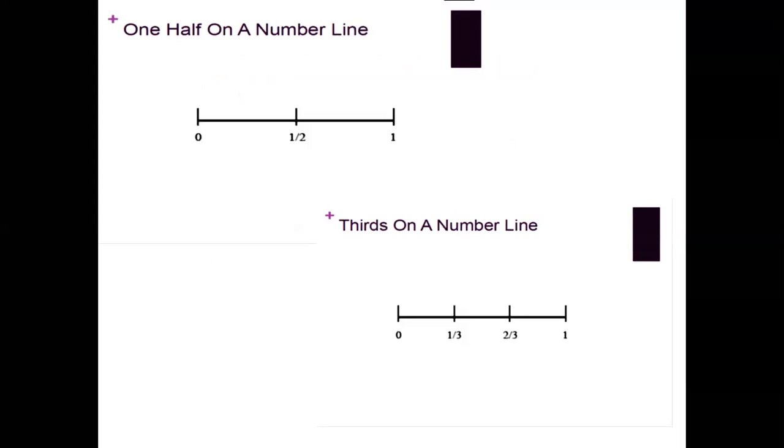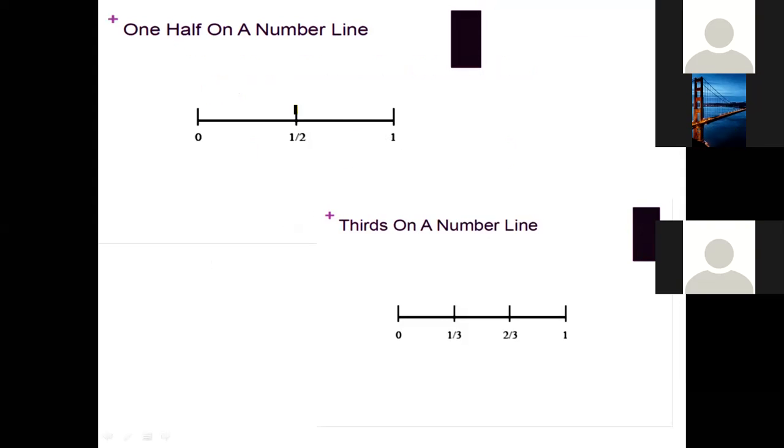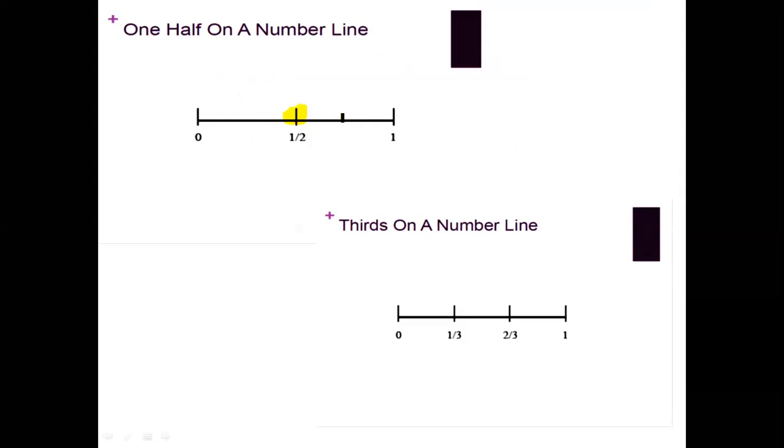Now, if we talk about 1/2 on a number line, that means I will divide the distance between 0 up to 1 into 2 parts, like this. This is 1 part, and this is the second part. So we talk about half. Each of them is called a half.